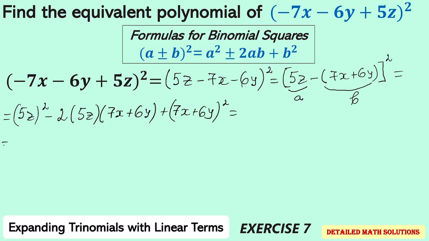When I simplify further, I get 25z squared minus 10z multiplied by 7x plus 6y plus, then I can apply the formula for binomial square a plus b in parentheses squared for 7x plus 6y. 7x will correspond to the a in the formula, 6y will correspond to the b in the formula.